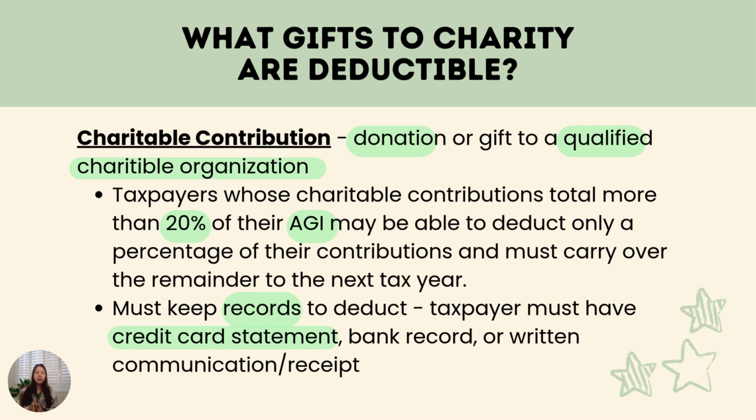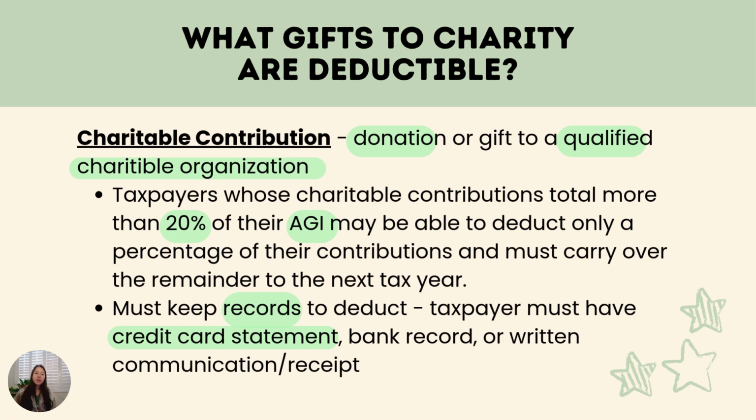It has to be a listed qualified charitable organization, and those include things like your church or any nonprofits that are listed. There is a publication, I think it's Publication 57, that tells us what types of organizations are charitable organizations. So you should look that up if you have a question about whether your contribution counts as a charitable contribution to a qualified organization.